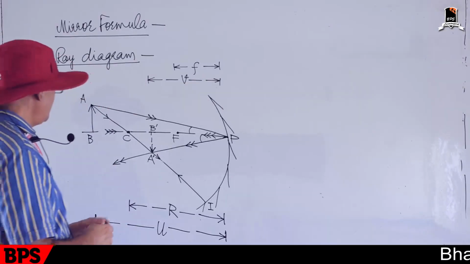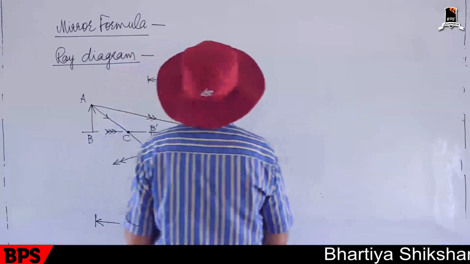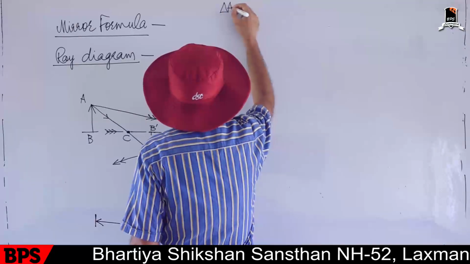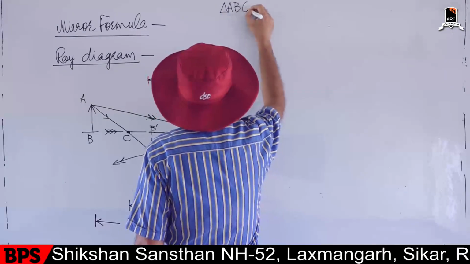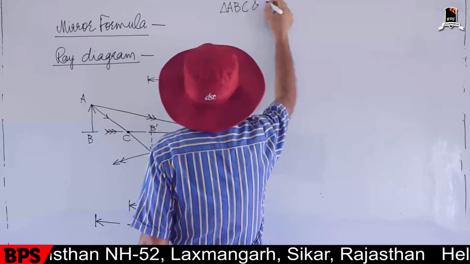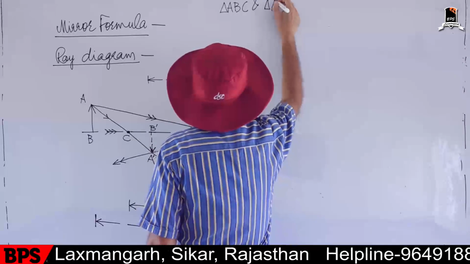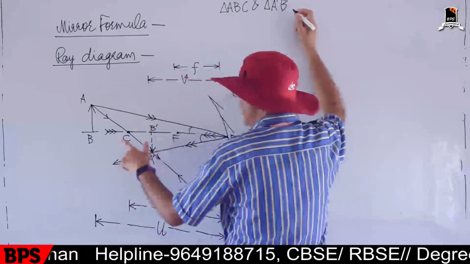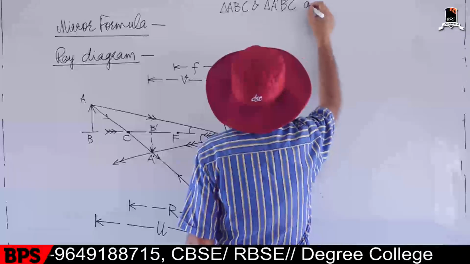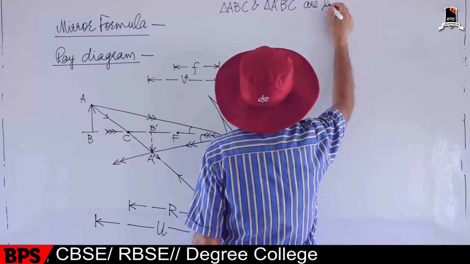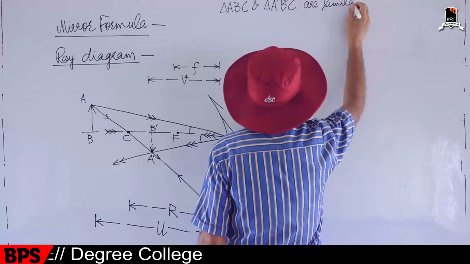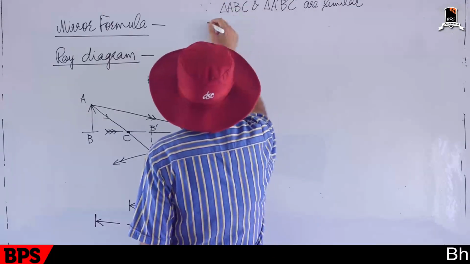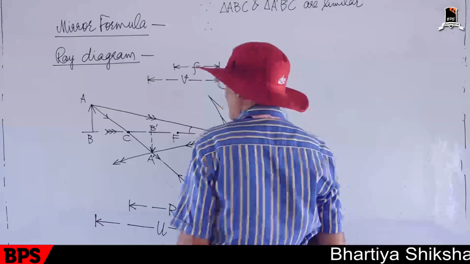So first of all, take these two triangles, right angle triangle ABC and triangle A dash B dash C, which are similar. Therefore, what will happen?